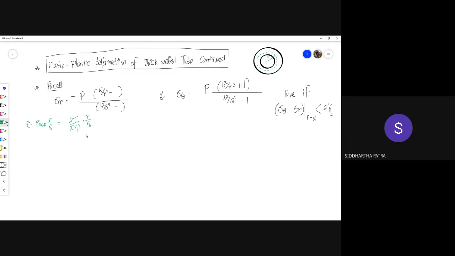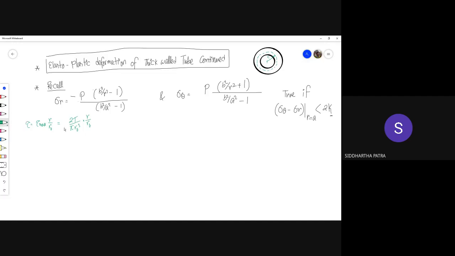Okay, so this expression, much like the above two expressions, can only be written when the entire cross section is elastic.